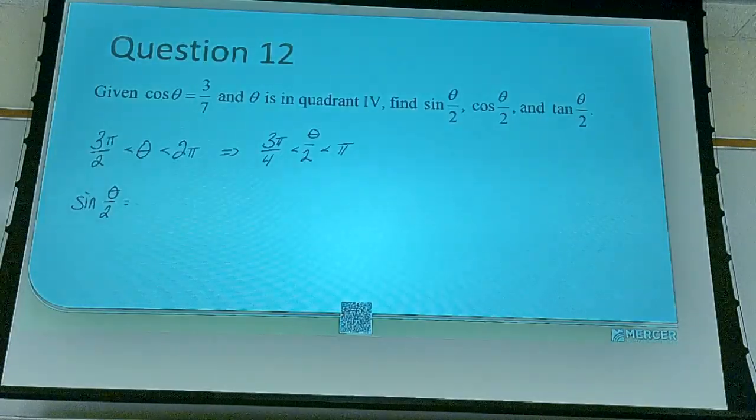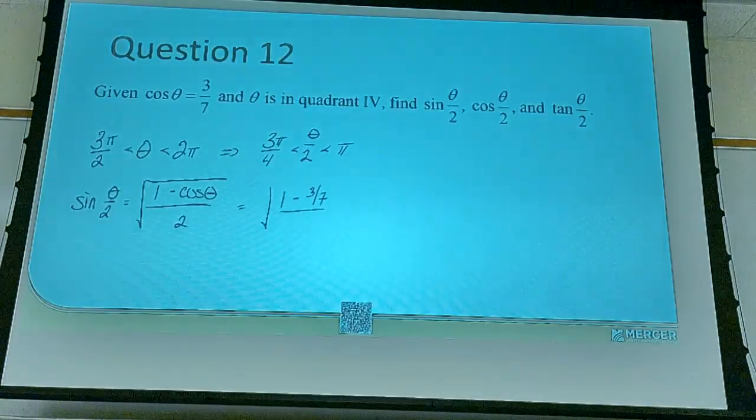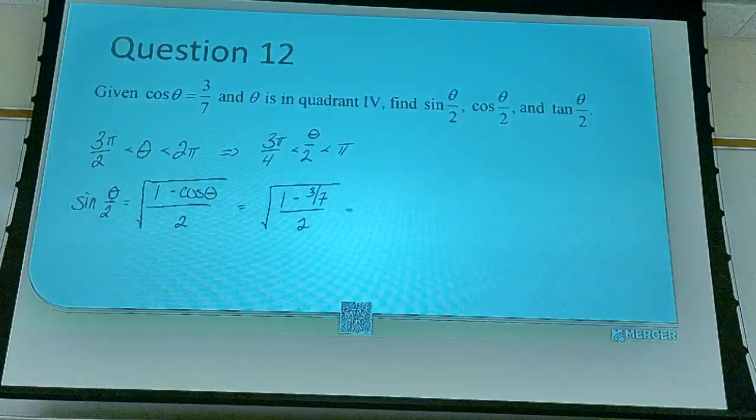In quadrant 2, sine is positive. Do you say 1 and 4 or 2? Theta over 2 is what we're looking at. Square root of 1 minus cosine theta over 2.